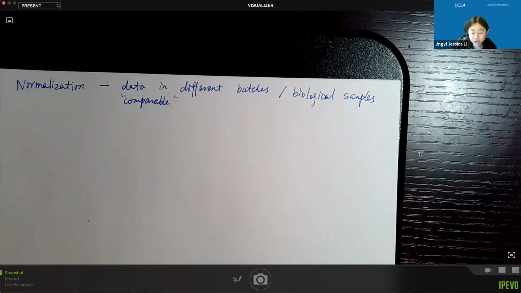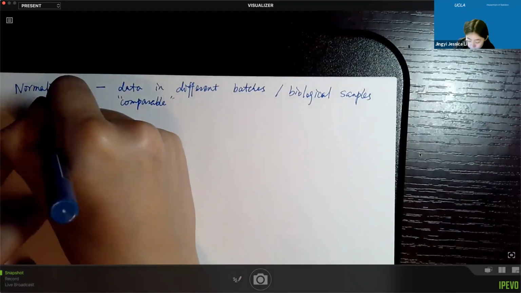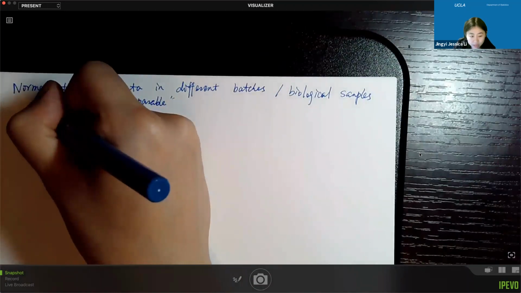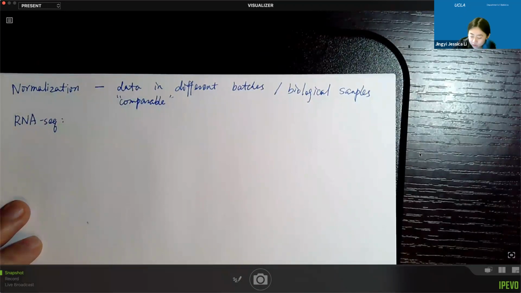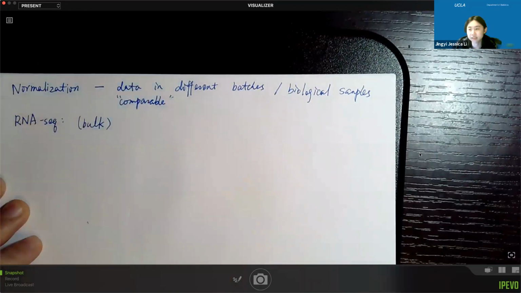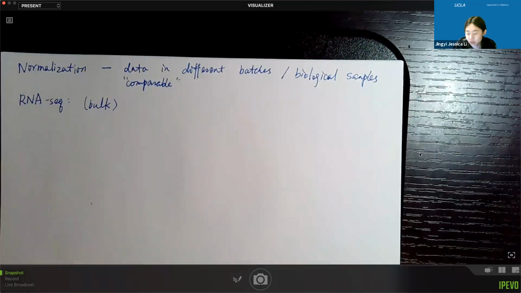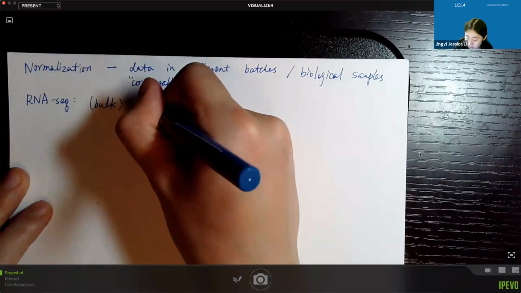Okay, so in RNA-seq data, let's use that as an example. A very important, or I should say bulk RNA-seq data. This is specific to bulk RNA-seq data, which we mean measured by tissue. And each sample is sequenced separately.